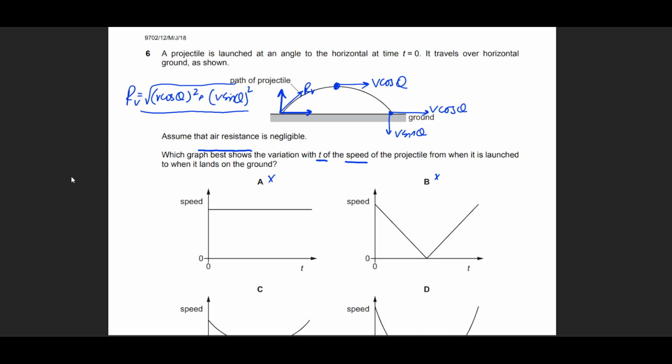So at this point, the resultant velocity would be the square root of the sum of the squares of these two. So there is never a point in its life when the resultant velocity actually becomes zero. Why? Because the horizontal component, the forward component, is never becoming zero. So the resultant velocity will never become zero, right?